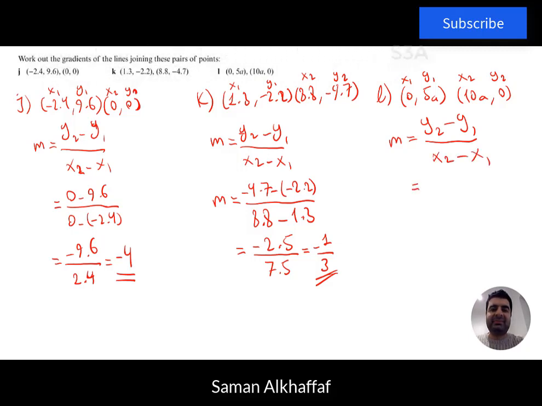So in this scenario, for y2 we would have 0 minus 5a over 10a take away 0. So we would have minus 5a over 10a. So the a's will disappear in this scenario. So we would have minus 5 over 10, and that will be equivalent to minus a half for this pair of points.